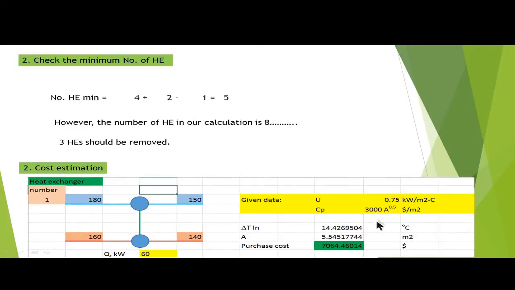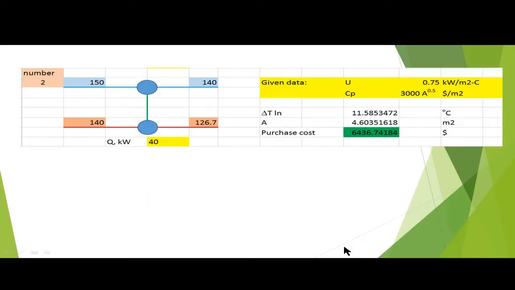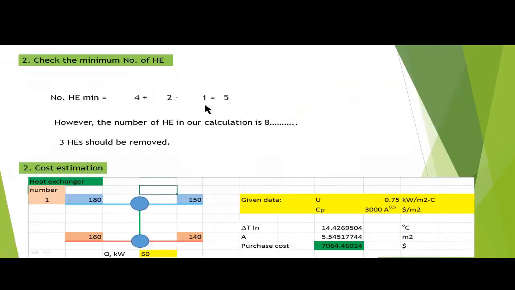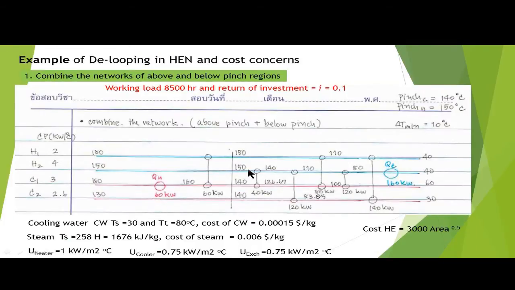And then I put that in this equation, and what I get is that the purchase cost or capital cost of the heat exchanger is equal to $7,000 for this unit. Okay. The second heat exchanger would be the same. So the second heat exchanger starts from an inlet temperature of 150 down to 140, and the cold stream from 126.67 to 140.